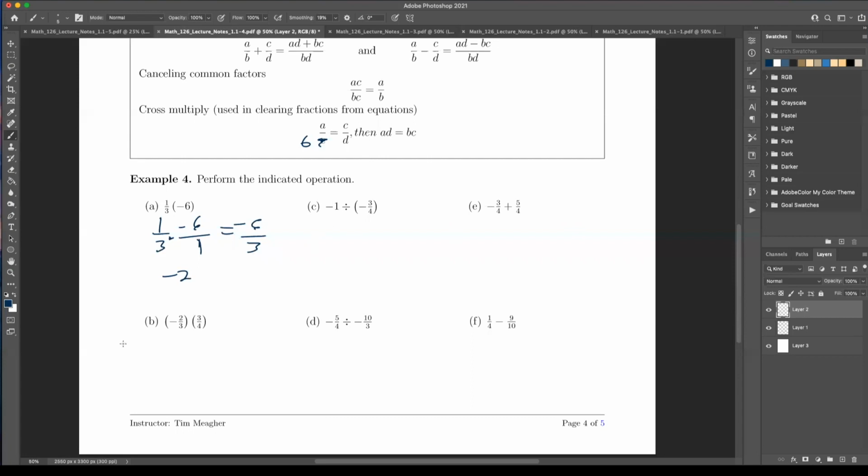Here, I guess I should do it in order. Here we can do cancellation. So I can cancel this so that I have a 3 here and a 3 here. You can go ahead and cancel before you do your operation. That's perfectly okay. And by doing so, I have negative 2 over 4, which is equal to minus a half.